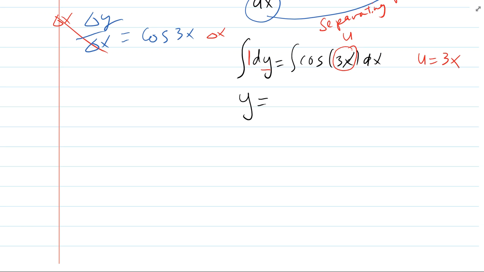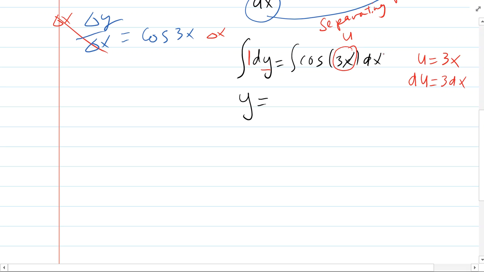But it's soccer. Yes? All right. What this becomes then, we need to figure out what du is. So we're going to take the derivative, and it's kind of implicit. The derivative of u is du. The derivative of 3x is 3dx. Do y'all see what I did?